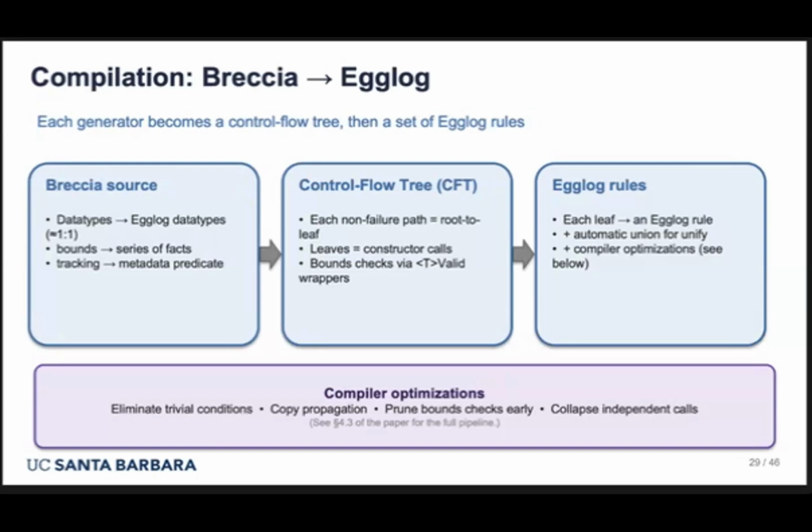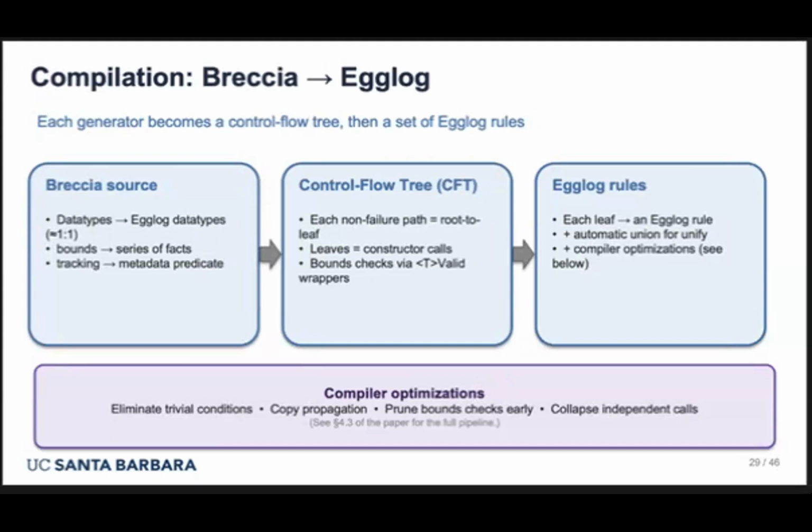But the key important part of our compilation pipeline is that a generator can succeed in different ways depending on which branch is taken. Every path down that tree becomes one branch in our control flow tree, where the leaves are constructor calls to the new terms that we're generating.